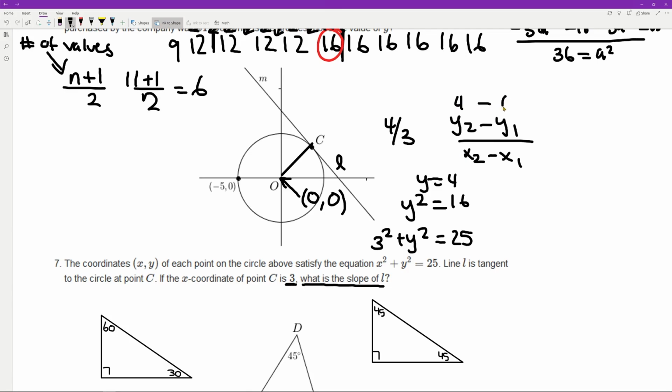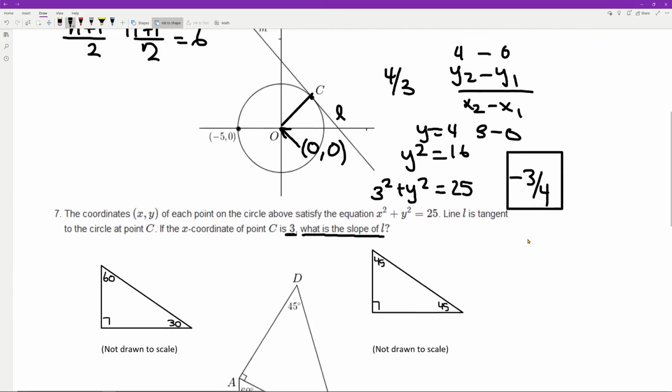So it's 4 minus 0 over 3 minus 0. But in this case, what we're looking for is the slope of the line that's tangent, so perpendicular lines. In order to find the slope of the other line, we need to take the negative reciprocal, and that's going to be our slope.